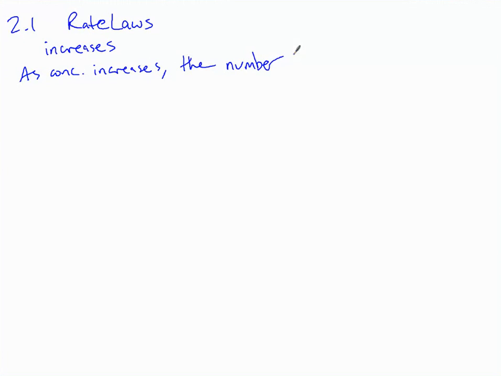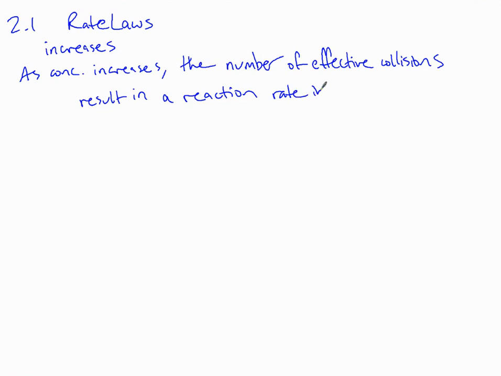And so this would say the number of effective collisions result in a reaction rate increase. So the basic idea, you've got more of the reactants, there's more of them, the reaction's going to go faster.